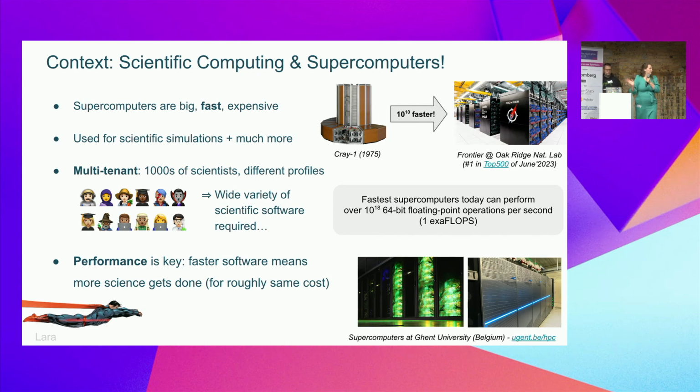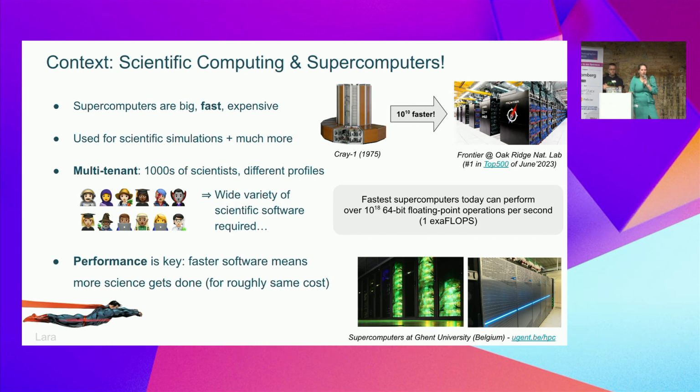And so what is a supercomputer? The supercomputer that we use is mainly used for scientific computing. And what it comes down to is that it's big, it's fast, and it's expensive. What is mainly done on these computers is scientific simulations, and much, much more.